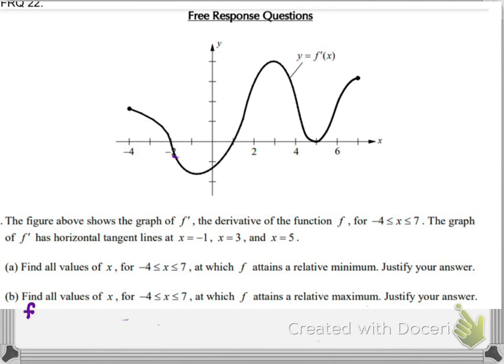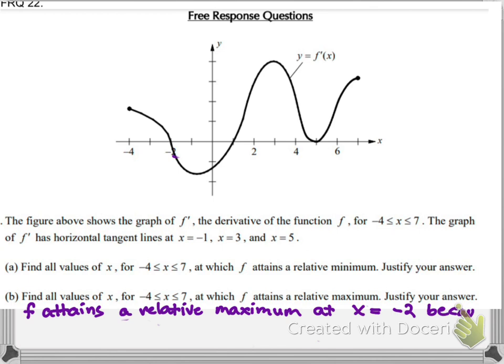F has a relative maximum at x equals negative 2 because, and if you're given an f prime, you should use that as your reasoning, f prime changes from positive to negative here, period. All right, letter B was easy.